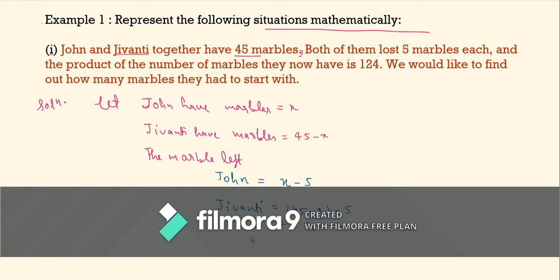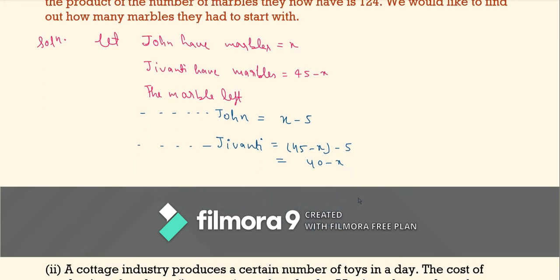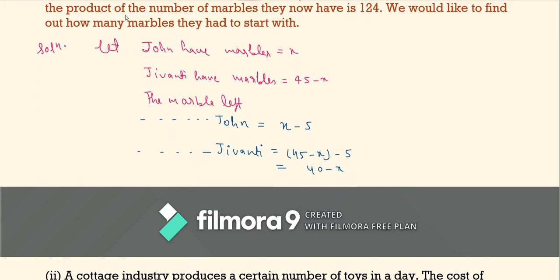You can also write the full line here, no need to take a shortcut. So these are the numbers of marbles. Now their product is equal to 124. So let's multiply them: x minus 5 multiplied with 40 minus x is equal to 124.